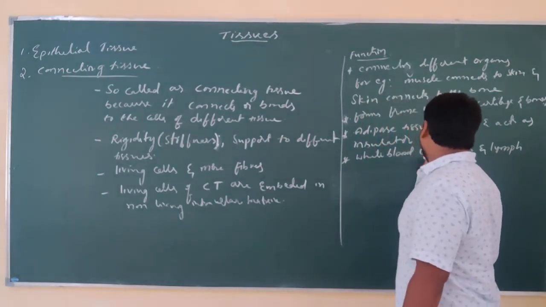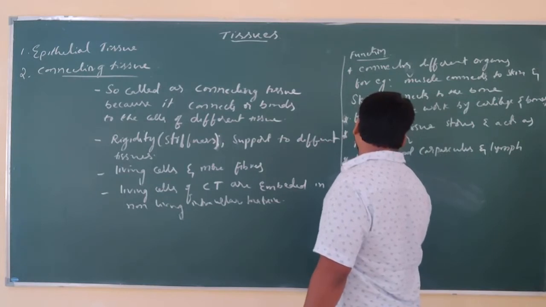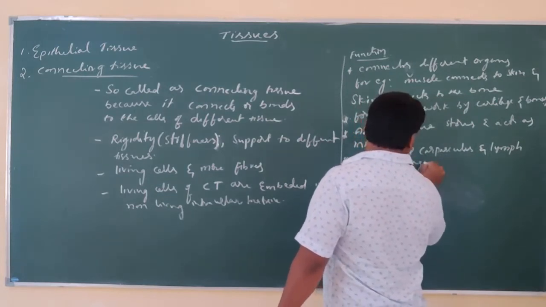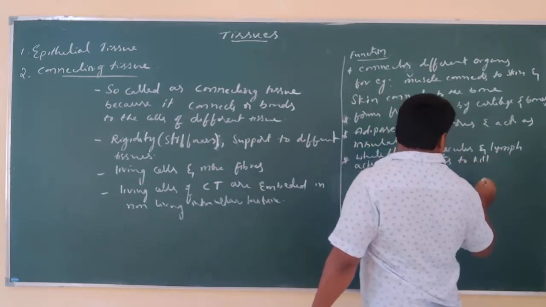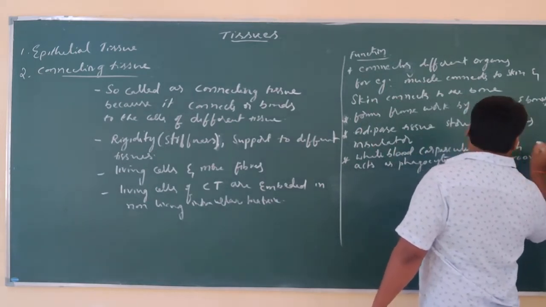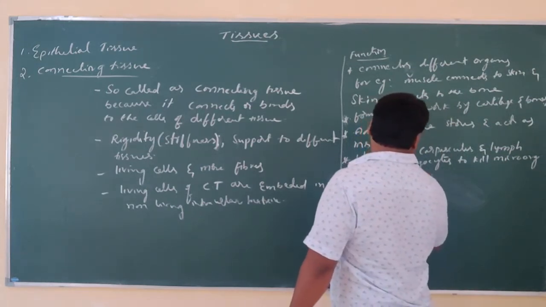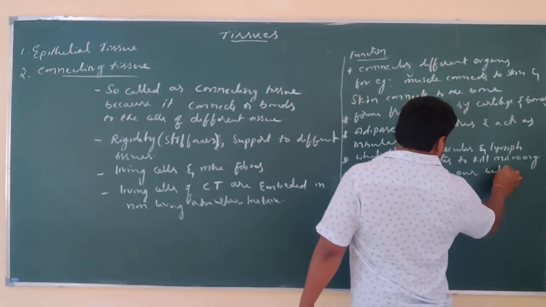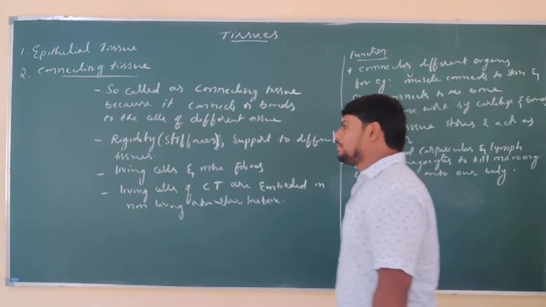These white blood corpuscles and lymph act as phagocytes to kill microorganisms that enter into our body. That is another important function.